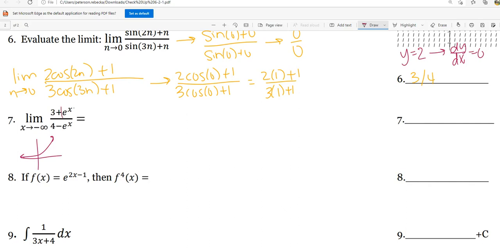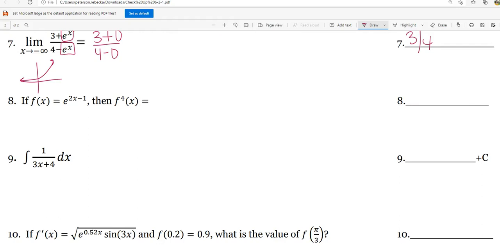So I want you to box or highlight your exponential pieces, and then you're going to replace that exponential piece, not just the x, the whole term, with 0. So final answer, 3/4.